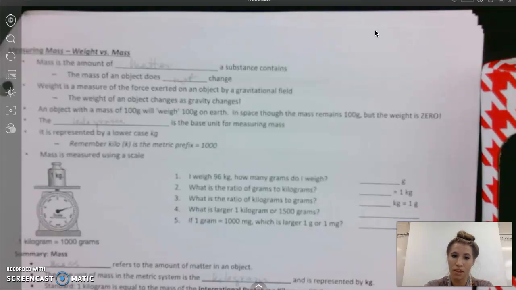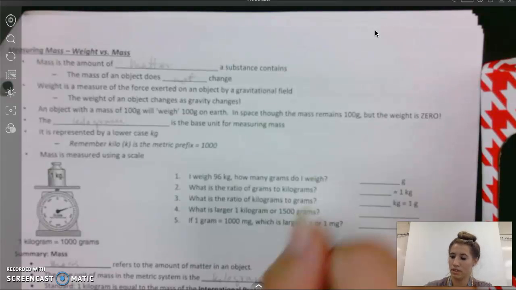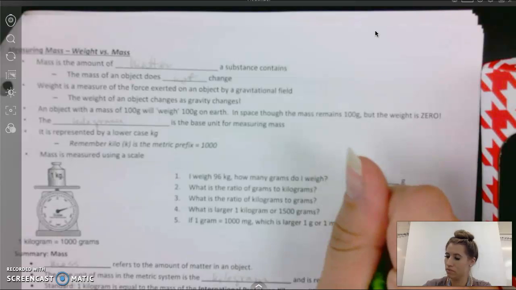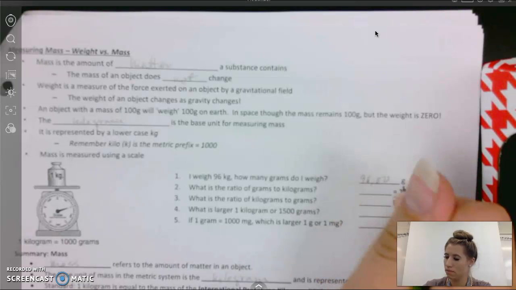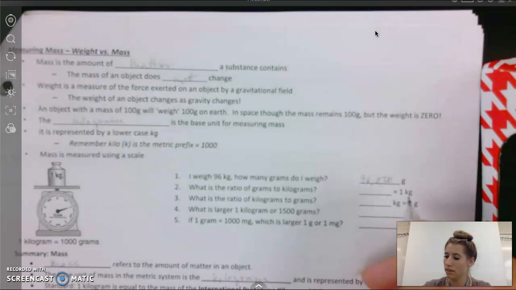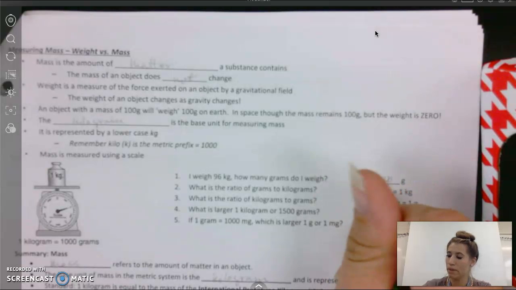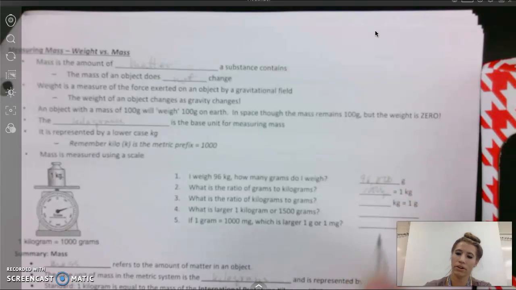Now, if I weigh 96 kilograms, how many grams do I weigh? Every single one of those kilograms contains 1,000 grams, so that would be 96,000. The ratio that we're going to need to know from grams to kilograms: 1 big kilogram contains 1,000 grams.